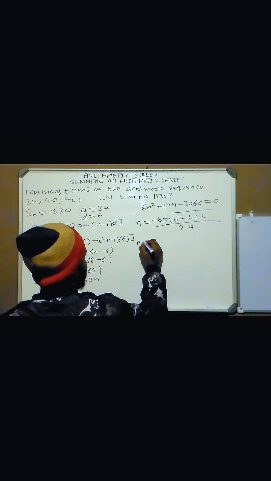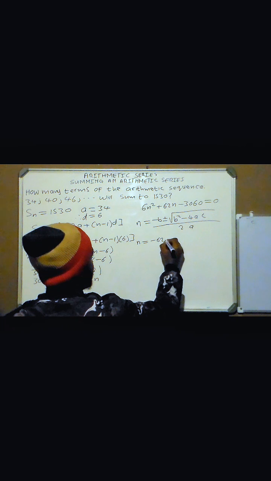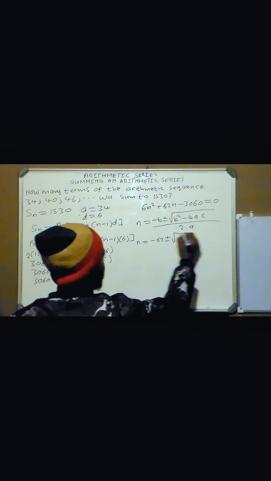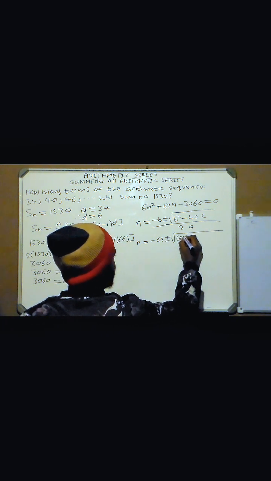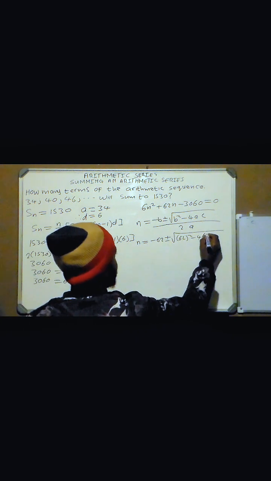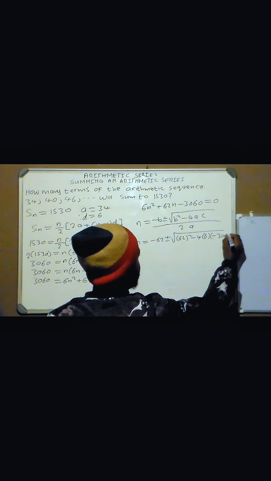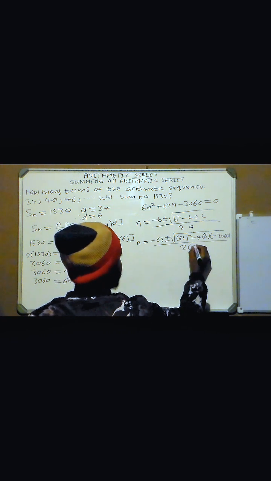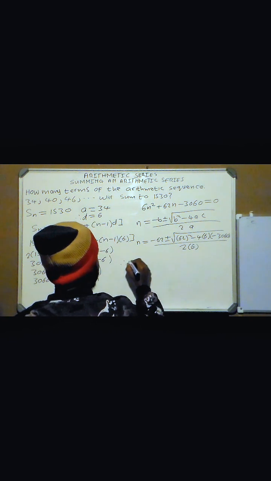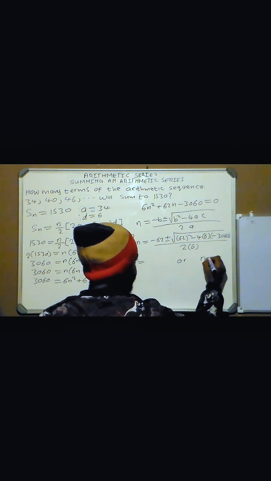Then we substitute. This is n equals minus, what's the b value? 62, plus or minus the square root of 62 squared minus 4, the a value is 6, multiplied by negative 3060, all over 2 multiplied by a, which is 6. Therefore n should have 2 values.